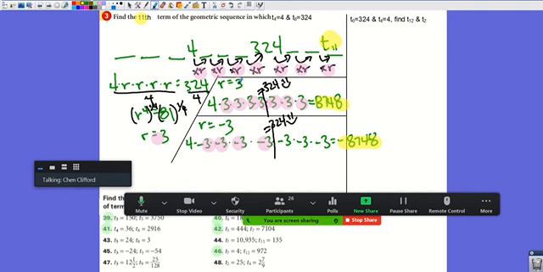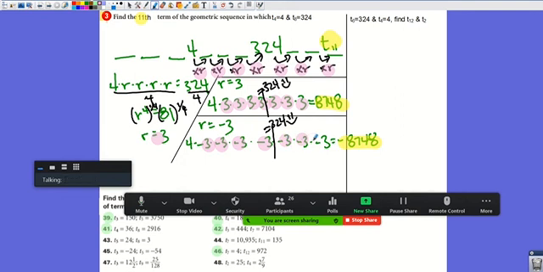So we're going to try a +3 and a -3 scenario. In the positive scenario, we multiply by r 7 times and we get 8748. Then we multiply by the negative r, which is -3, 7 times, and we get -8748. This is what we've always been doing.